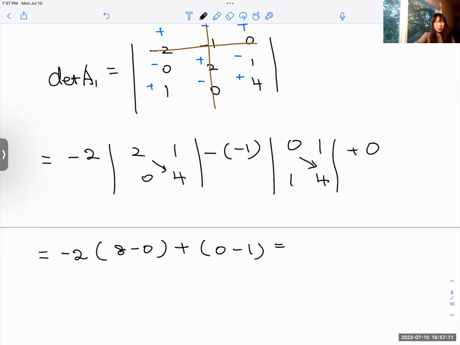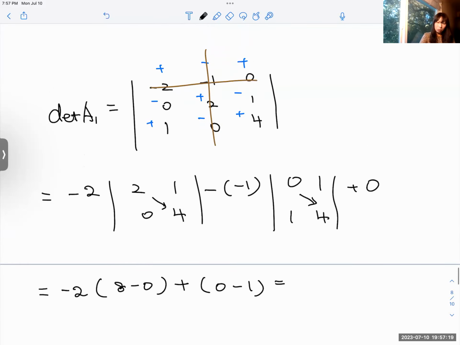What do you get for this one? Negative 17, I think. Negative 17, thank you.